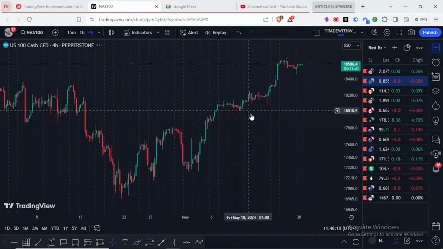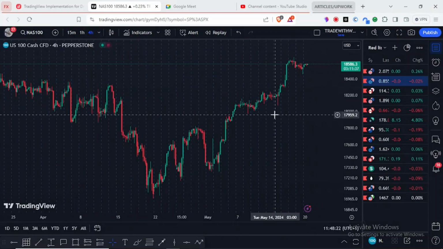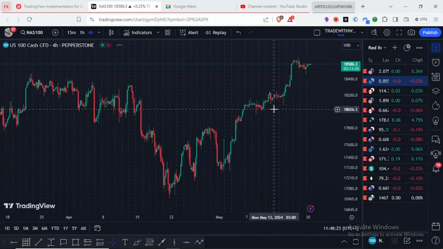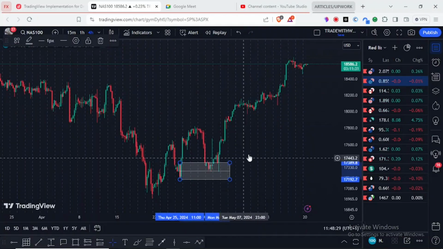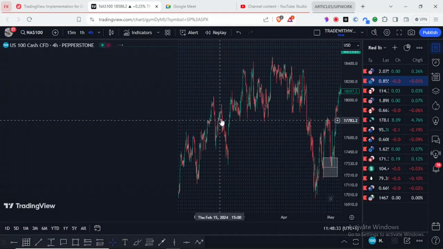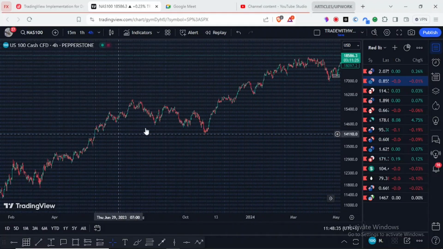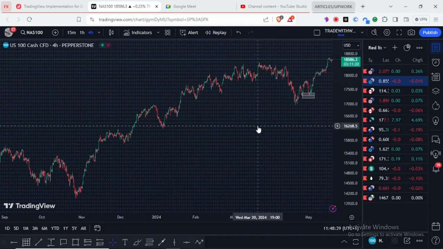When you're trading NASDAQ, do you really think supply and demand will work? It might not work every time. I've seen some that worked, right? This is a demand zone here. But do you really think it would work every time? It might not, because pairs like this are always bullish. So you might rarely see supply zones, and your supply zones might not work out.